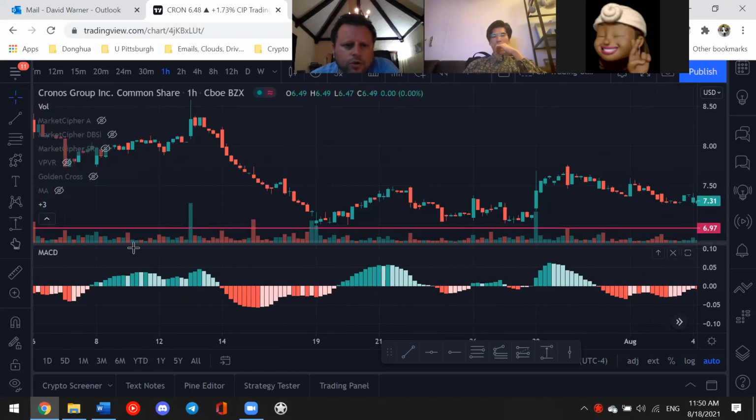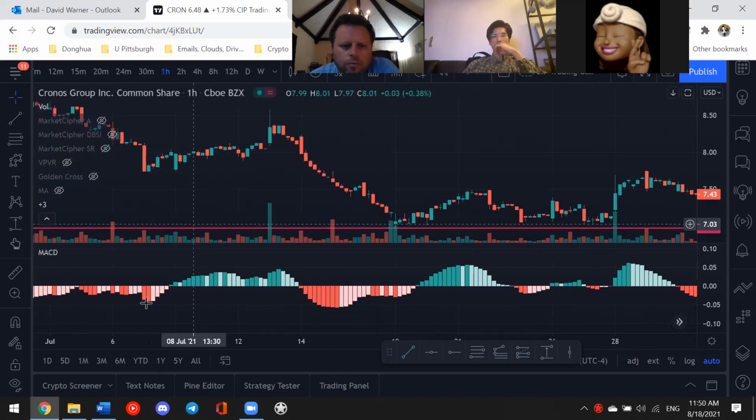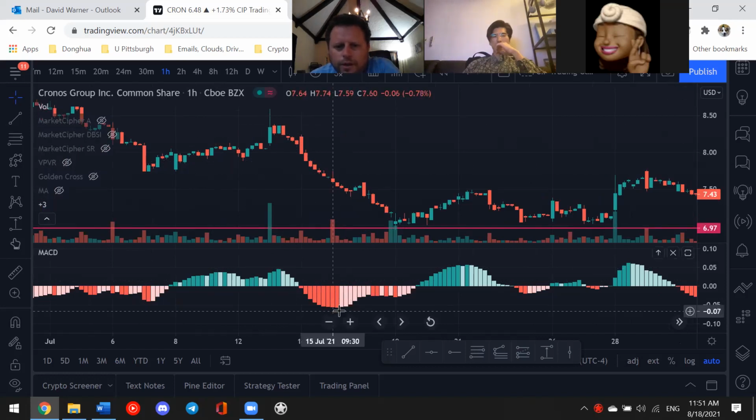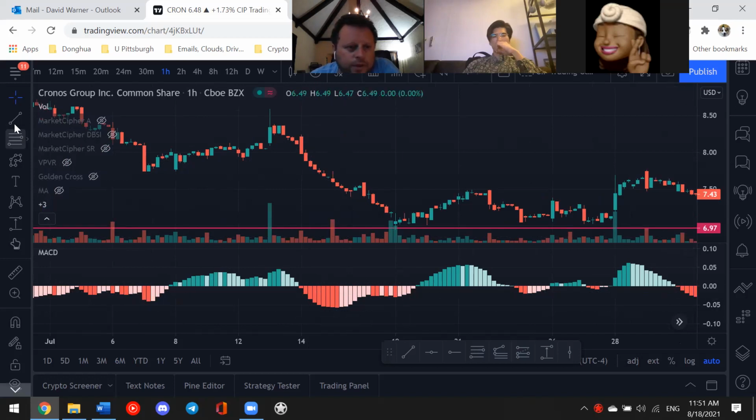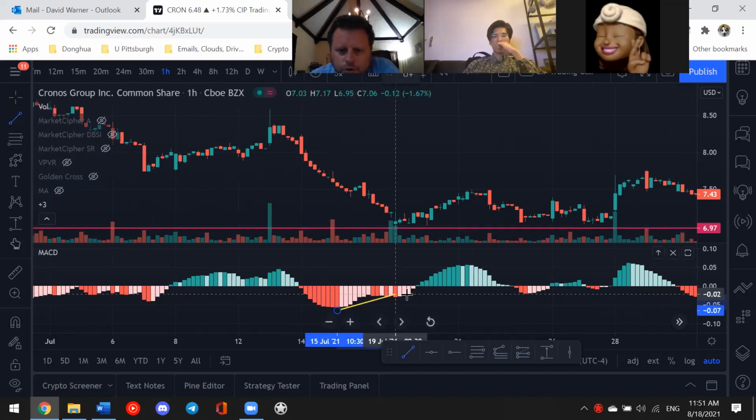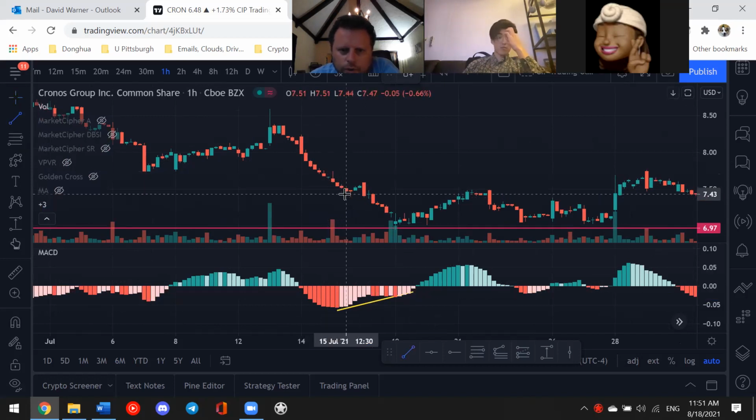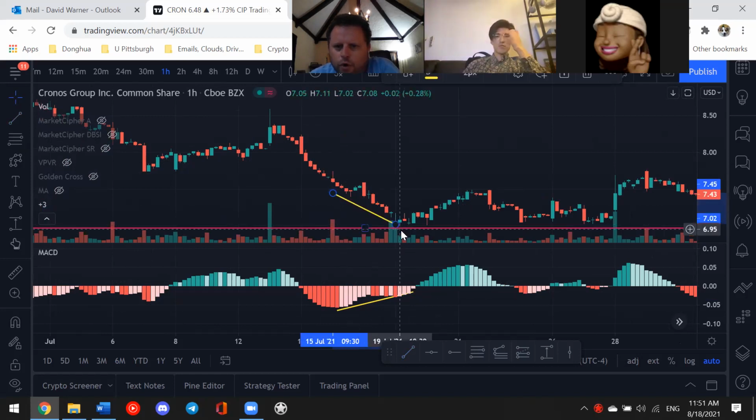How about this? Momentum going up, price going up. No, that wouldn't have told you. Momentum going up. How about this? Momentum is going up, price is going down. If you bought here at 697, price would have gone up.